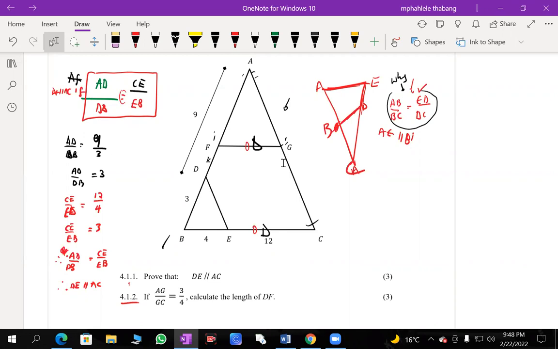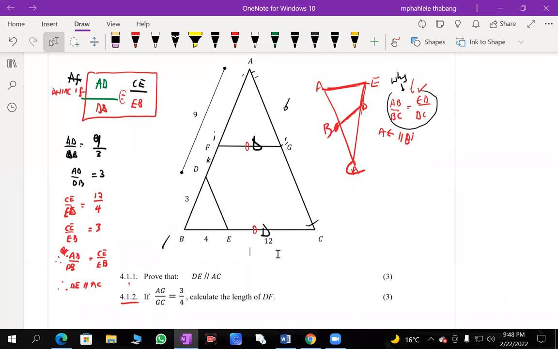I agree with you. That is why, in the solution that I've said, I can only apply this theorem if FG is parallel to BC.